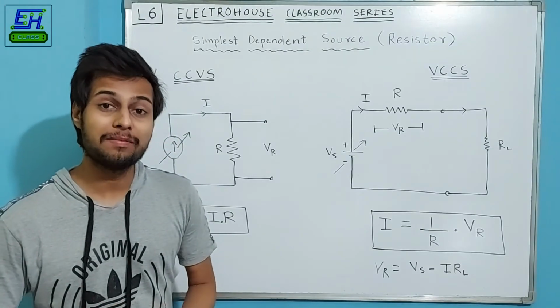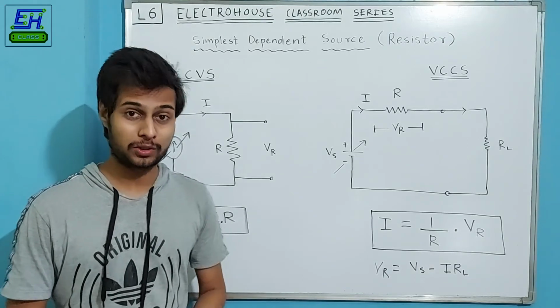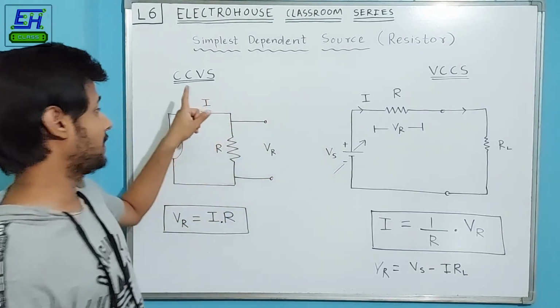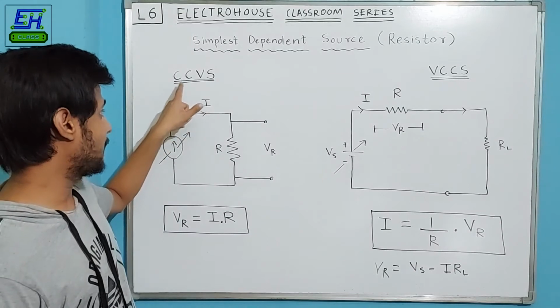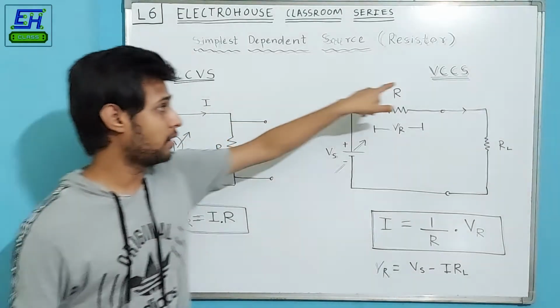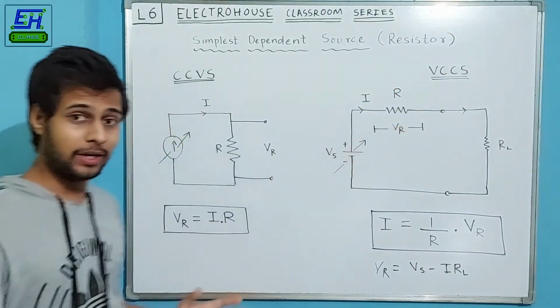Now let's see the simplest dependent electrical energy source, which is the resistor. We can use a resistor as a current controlled voltage source or a voltage controlled current source. So let's see how.